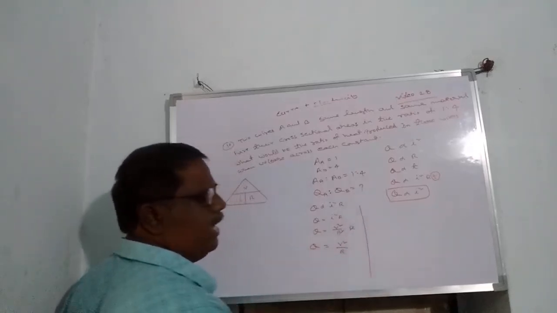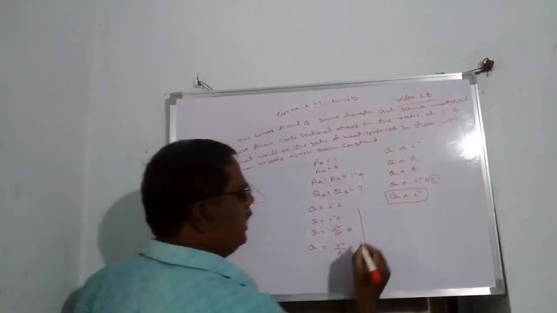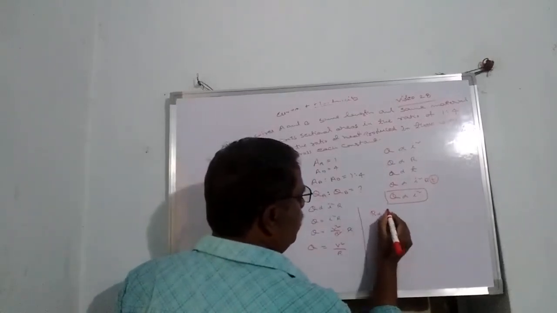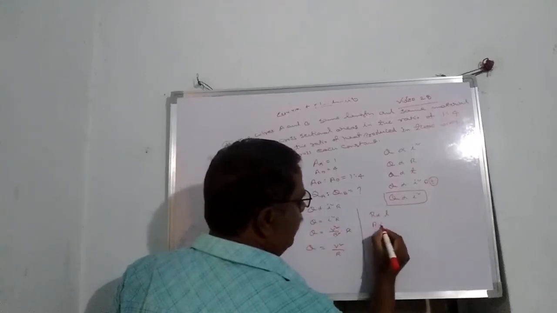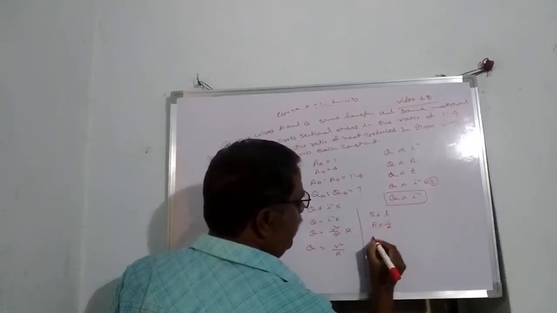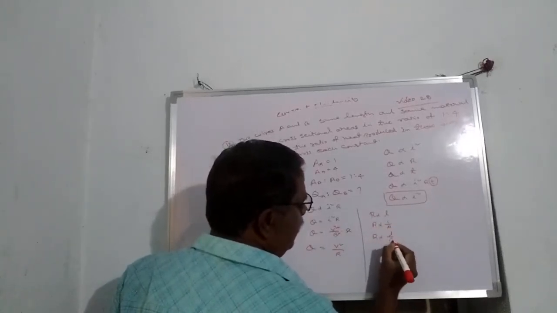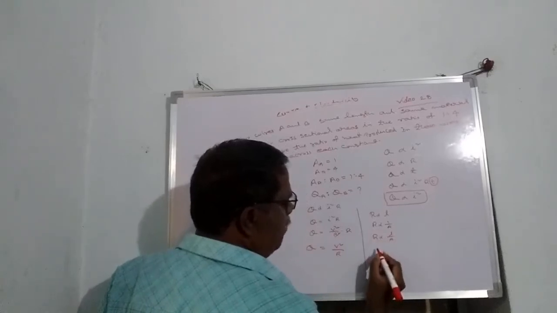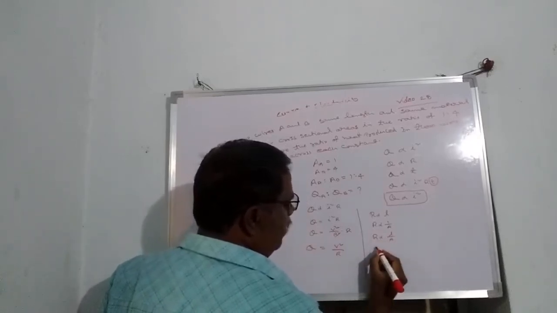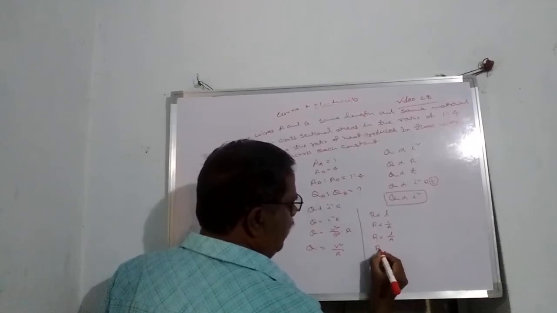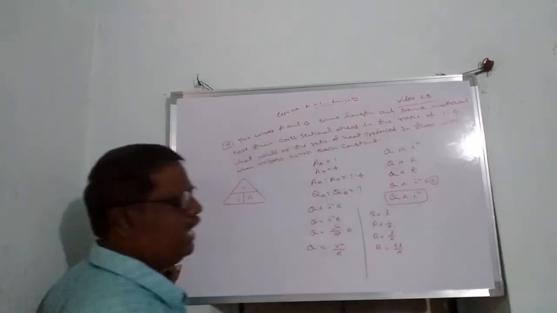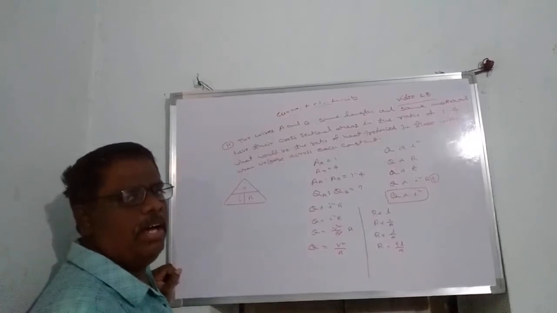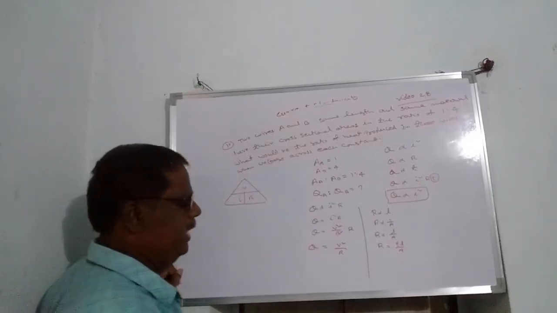But from the laws of resistance we know that R is directly proportional to L, the length of the conductor, and inversely proportional to the cross-sectional area. If you combine this, R is proportional to L by A. So R is equal to rho L by A, where rho is the specific resistance or resistivity of the material.